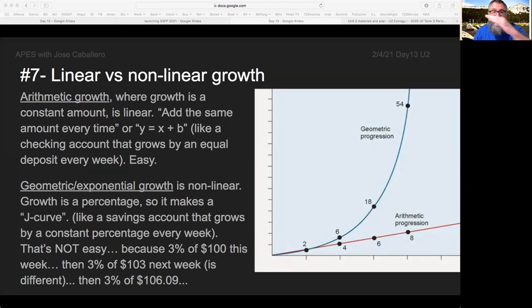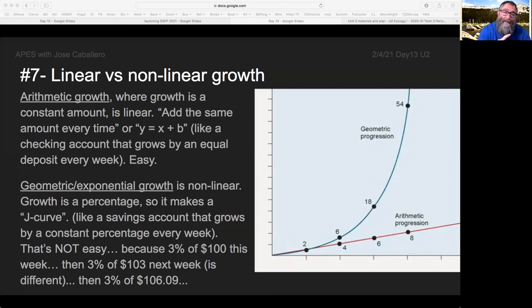So it's a constant growth, and so it grows in a straight line, 10 and then 10 and then 10. The amount that's being added is always the same. You might know that this is like the line formula, y equals mx plus b or whatever. And this is how a checking account grows. This part's easy.